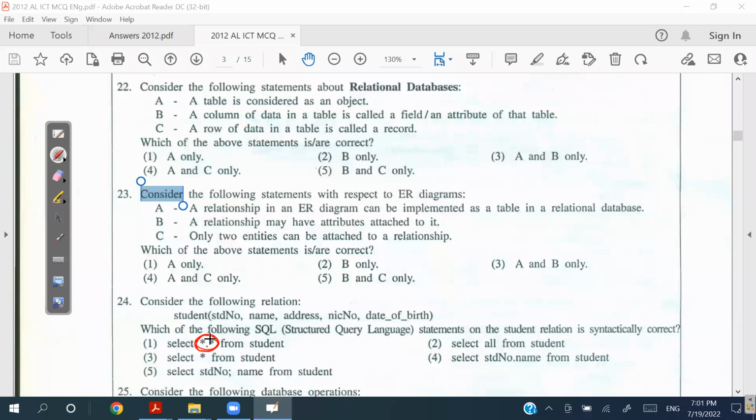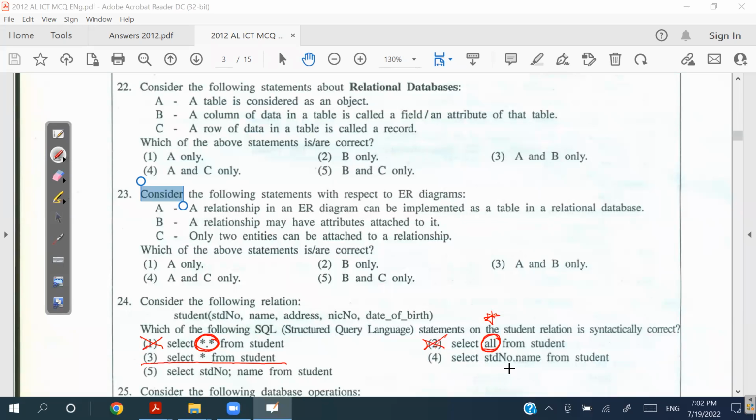It should be one asterisk to indicate all, right? So because of that, the first one is wrong. We don't use the word all. To indicate all, we use an asterisk. So this one is wrong as well. The third one should be the answer.